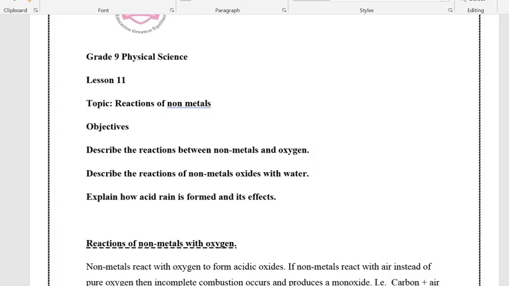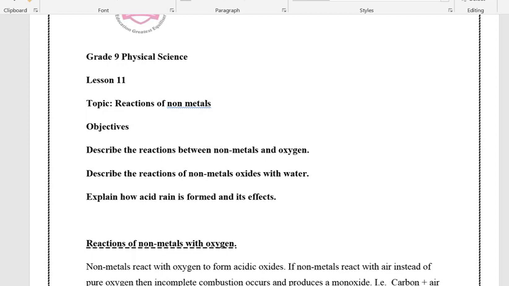Today we're going to be looking at the reactions of nonmetals. If you recall, in our previous lesson, we talked about nonmetals in general, where we looked at the properties of the nonmetals.